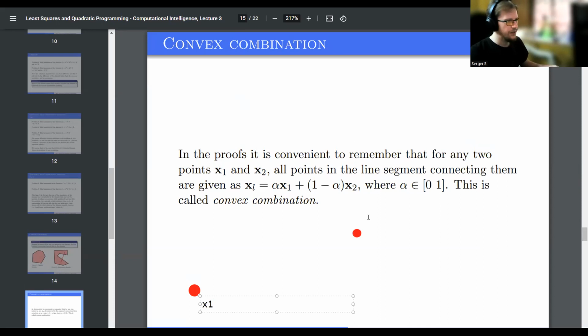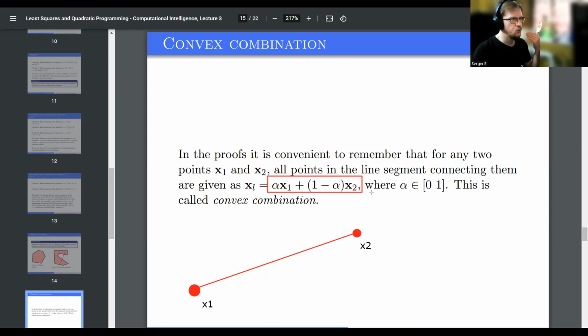There's x1, this is x2. So all points in the line segment connecting them. So we are talking about now this line segment here. All points on this line segment can be expressed as alpha x1 plus 1 minus alpha x2, where alpha goes from 0 to 1.